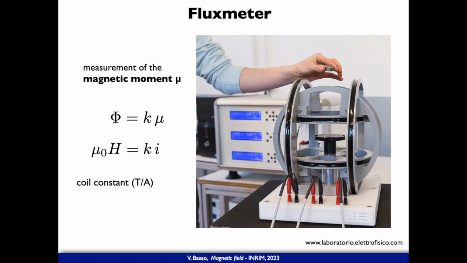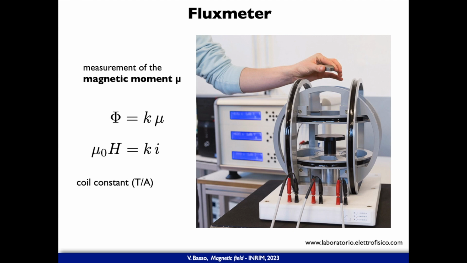Another very interesting and very widespread application of flux meter is the measurement of the magnetic moment of an object. For example, in the picture, the person holds in hand a permanent magnet, and you want to characterize the moment that this permanent magnet has. So what to do?